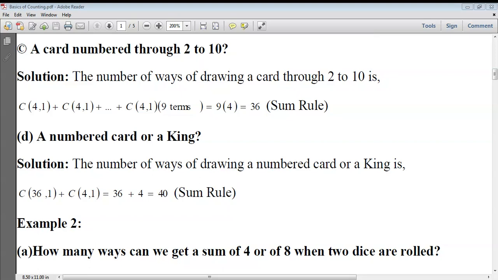There will be one 2 in heart and one 2 in diamond, one in spade and one in club. For 2 there will be 4 cards, and for 3 there will be 4 cards, and so on. For 10 there will be 4 cards. So the total possible ways are 4c1 plus 4c1 and so on, which is 4 plus 4 plus 4 and so on up to 9 times. It is 9 into 4 and it will be 36.